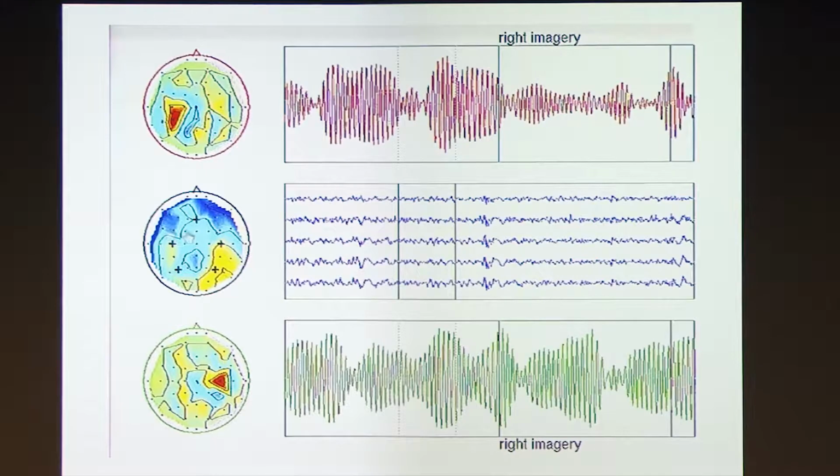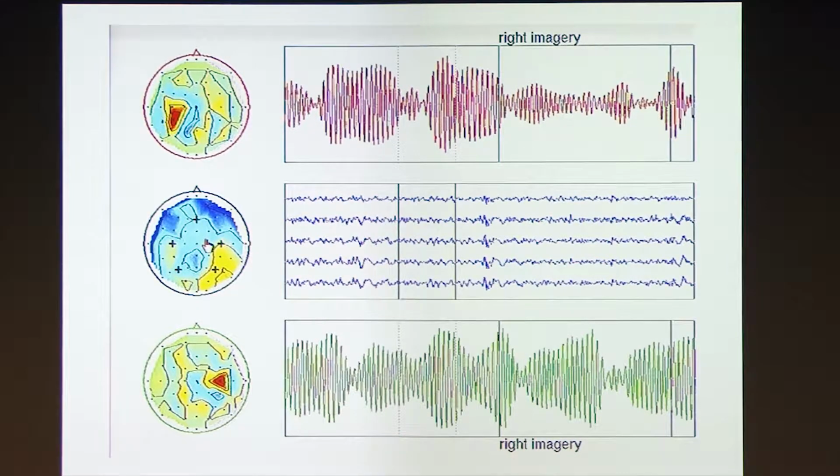What you will see in the video is basically the voltage distribution over the brain, and the crosses here are basically single channels. I picked out 5 single channels just to show you what a mess an EEG signal is.